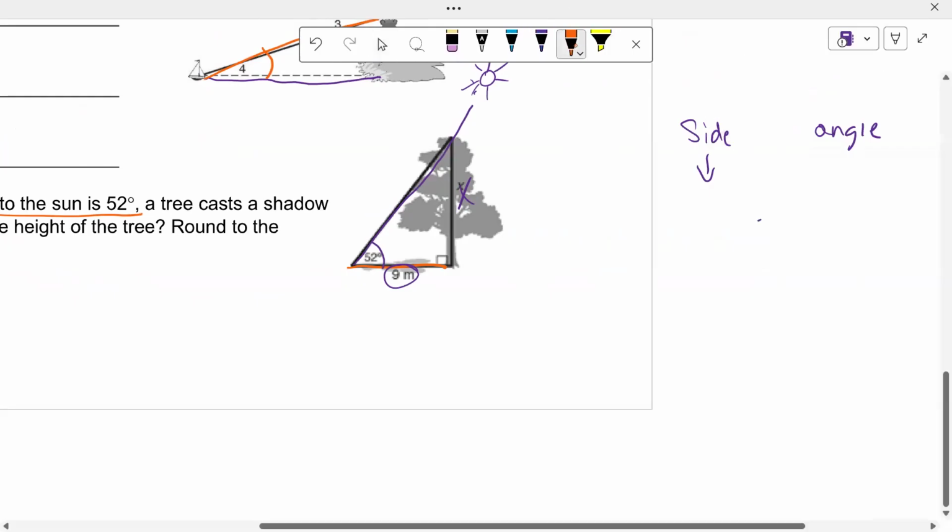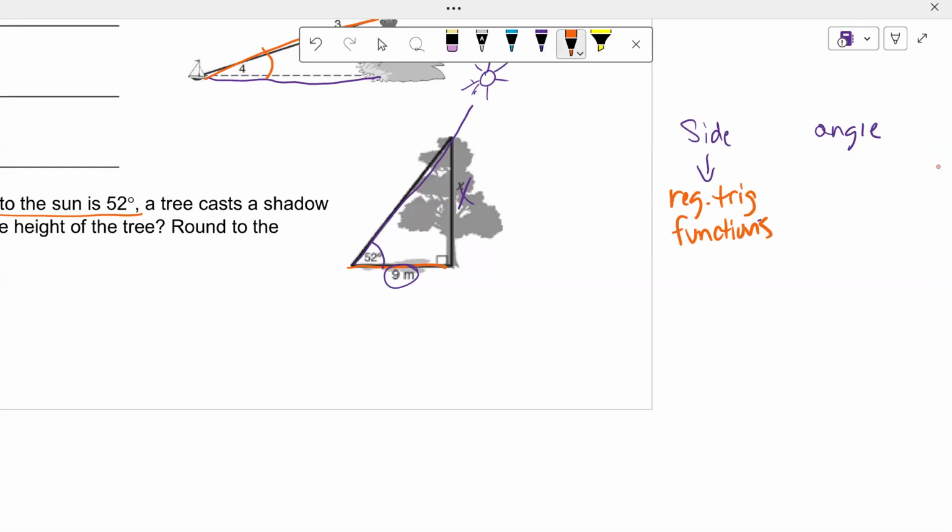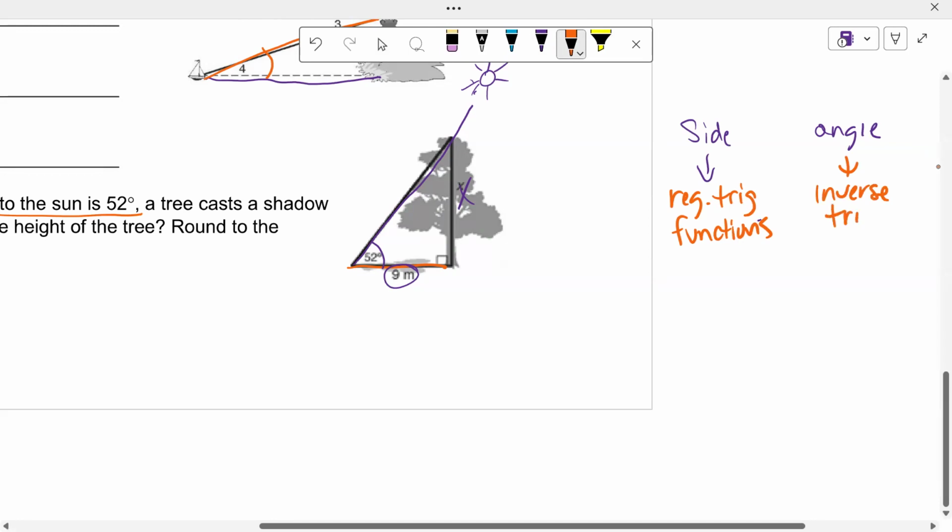So that would be regular trig functions. If you are solving for an angle, you use inverse. So that's step 1. Ask yourself, what are you solving for?